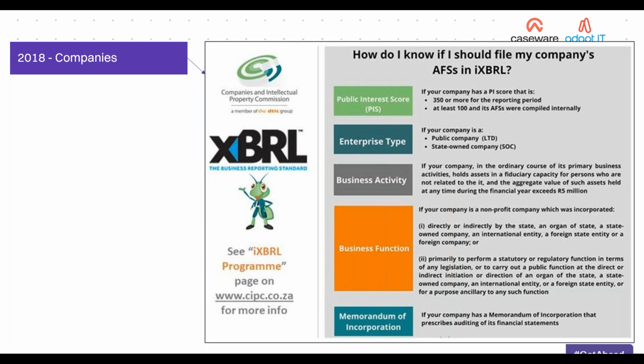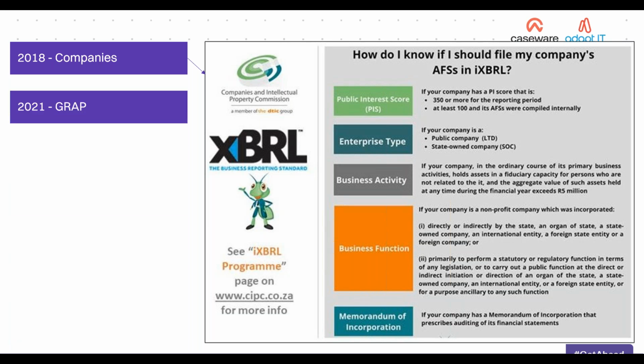The most applicable ones are the first one, your public interest score, and the last one, your MOI. If your MOI states that you must be audited, irrespective of what your PI score is, you have to submit XBRL. We see a lot of very small companies that still need to submit XBRL because their MOI requires an audit.